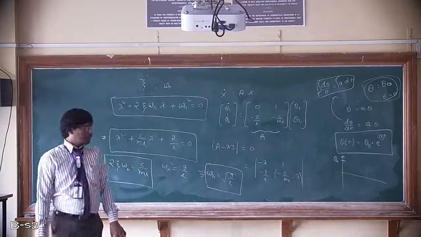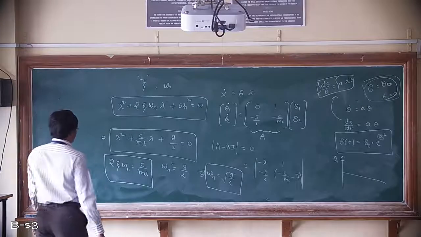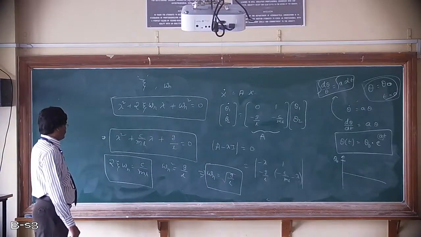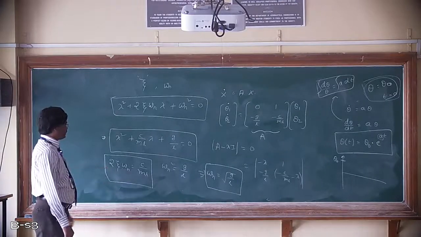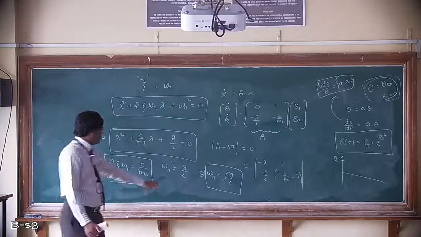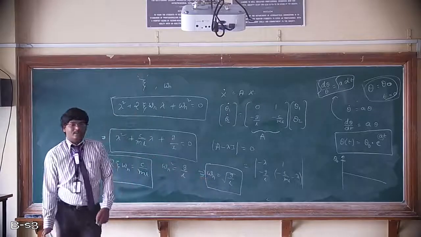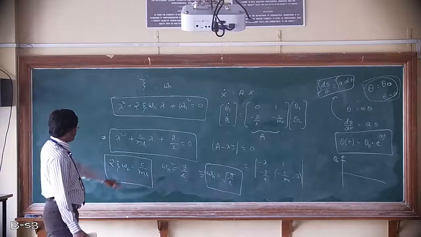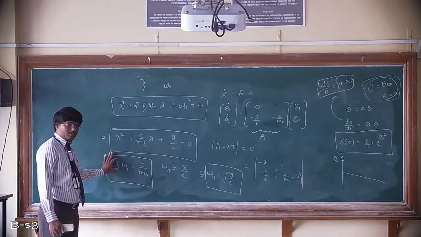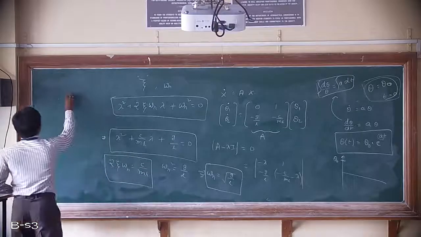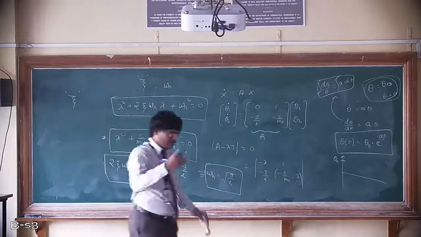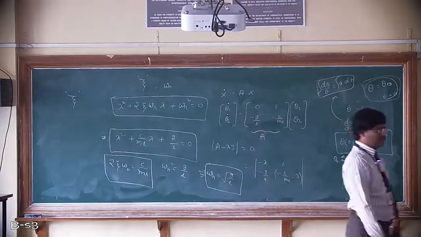So here, if you know omega n, and if you know damping coefficient, damping constant, you will find damping ratio. What is this zeta? Damping ratio. We are saying damping ratio. Yes, if you done that course, vibrations, okay, good.